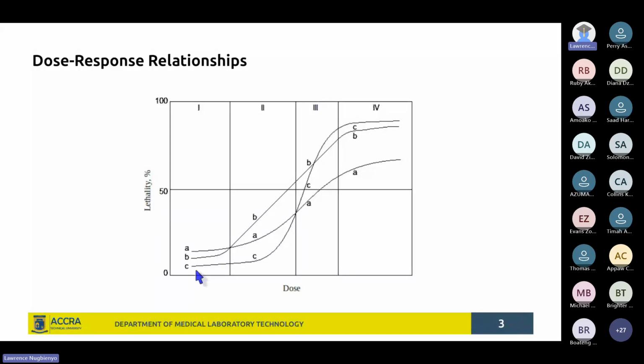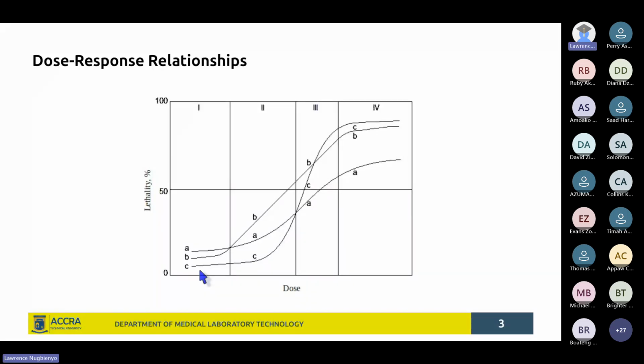Then when you come to the second region, region 2, you realize that that is not the case as you had in the first dosage range.